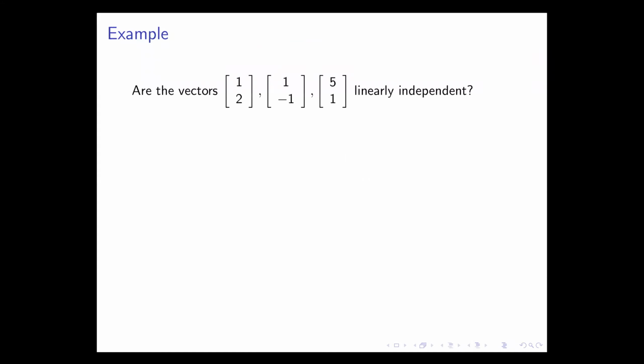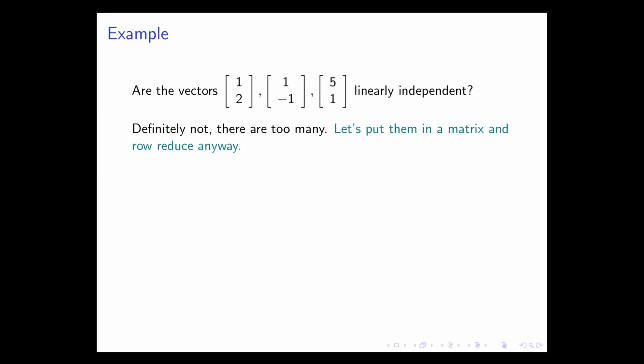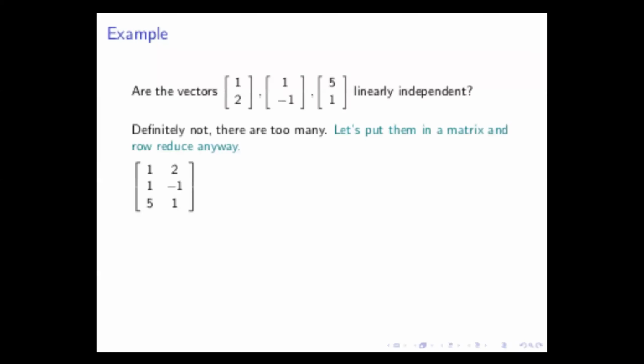There are three vectors, three two-dimensional vectors, three vectors with two components each. Are they linearly independent? Well, clearly the answer is no, because there are too many, right? There are three and there are only two components. But just for the sake of the argument, let's put them in a matrix and row reduce them anyway.